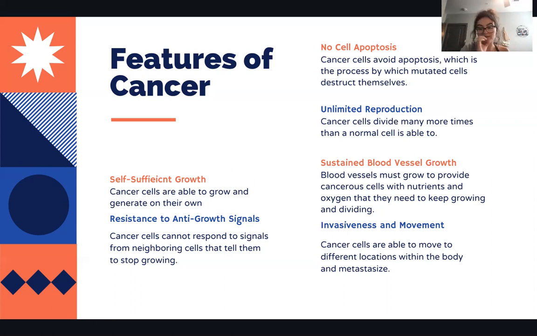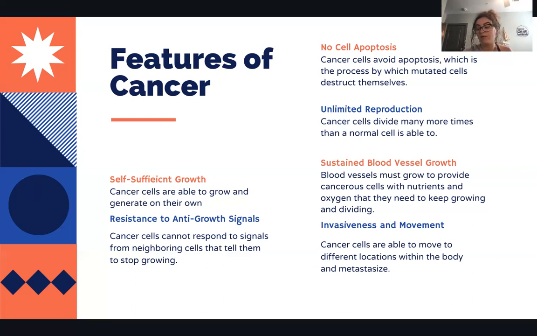Now, the next thing on the list kind of goes along with cell apoptosis. This says there's unlimited reproduction. So cancer cells are able to divide many, many more times than a normal cell is able to. Once a normal cell has divided a few times, it'll go into cell apoptosis.